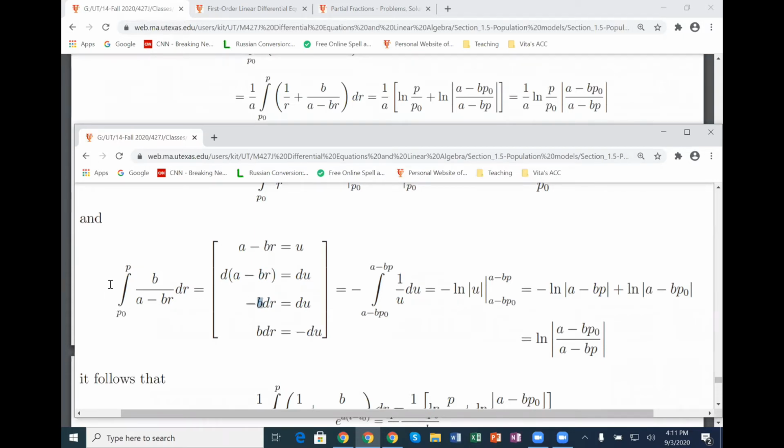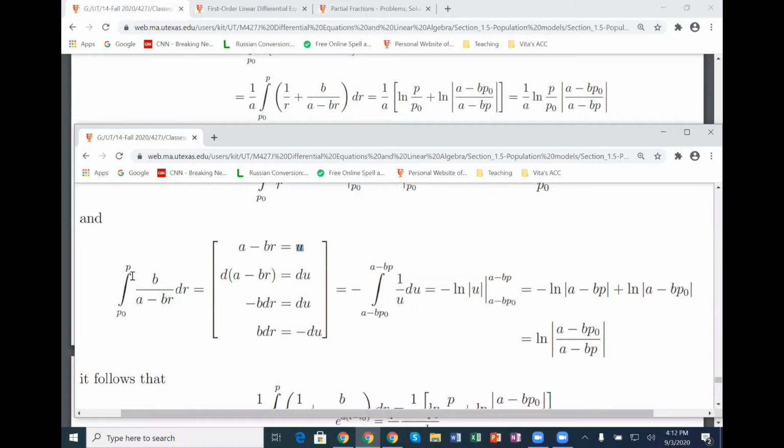Now, there is no negative here. Therefore, we multiply both sides by negative 1. We get this. Now, let us get rid of our terms. We replace b dr, which is over here, by negative du, which is over here. And then we replace a minus br by u. We get 1 over u.